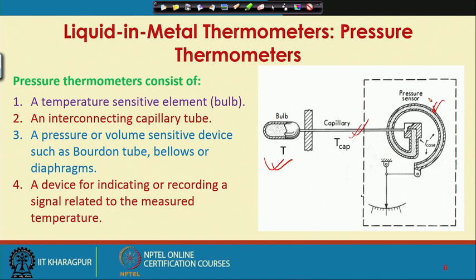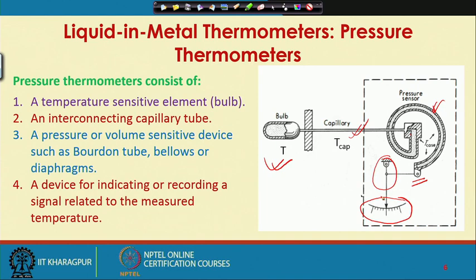This is a spiral Bourdon tube, and one end of the Bourdon tube is fixed. So, there will be deflection of the other end. To this tip of the Bourdon tube a pointer is attached which deflects against this scale, and we can get the reading directly after suitable calibration.